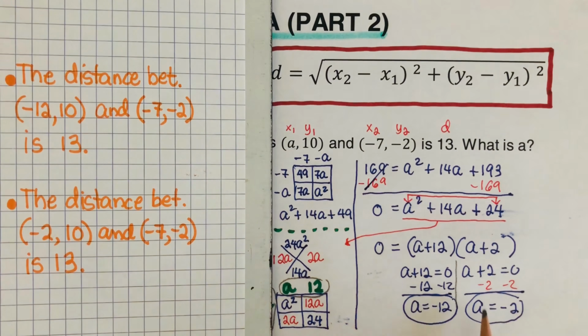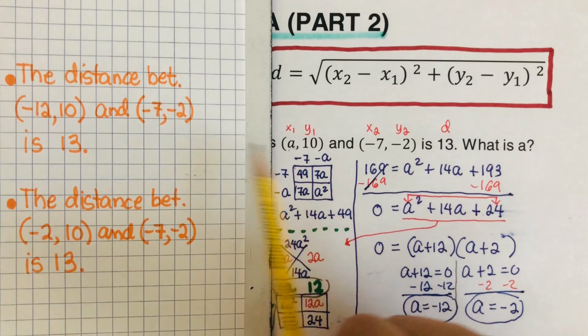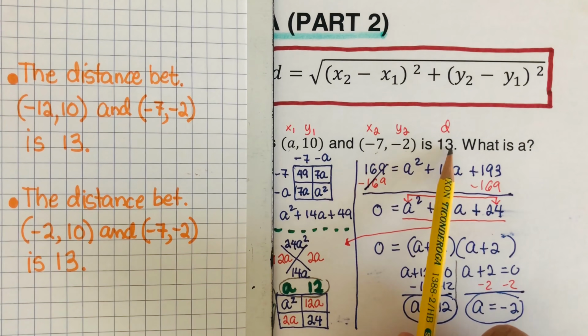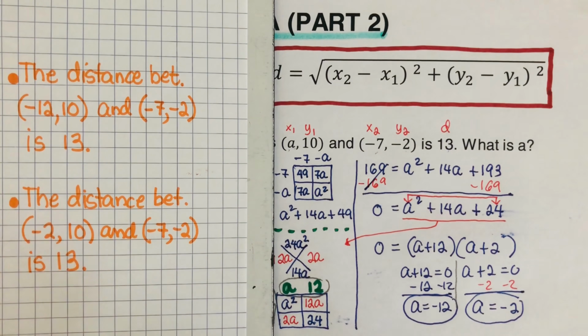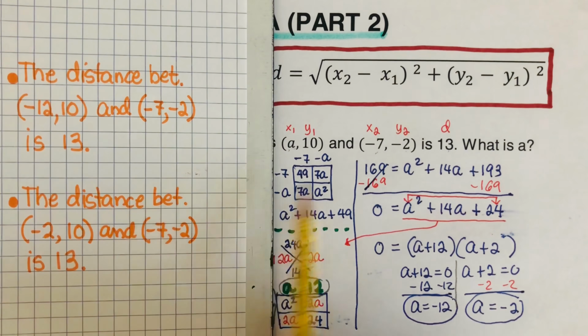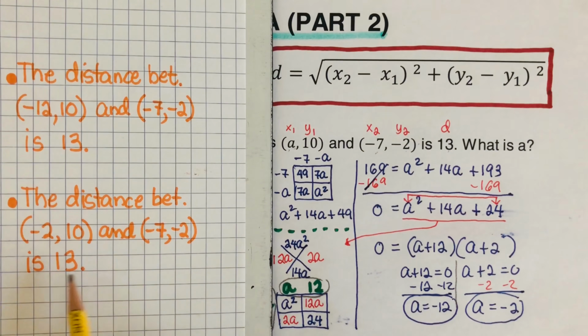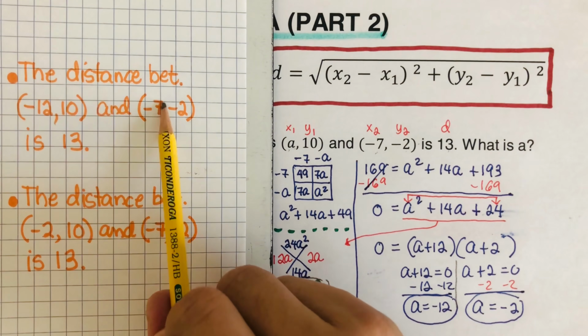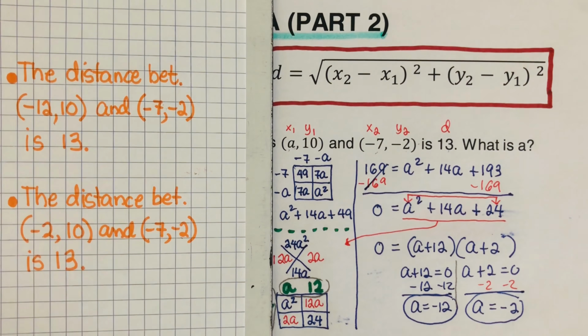So that's going to be negative 12 and 10 and negative 7 and negative 2. The distance is 13. And then the other case is negative 2. So I put in the a right there, negative 2. And then 10 and then negative 7 and negative 2. The distance is still 13. So both of these points will have a distance of 13.